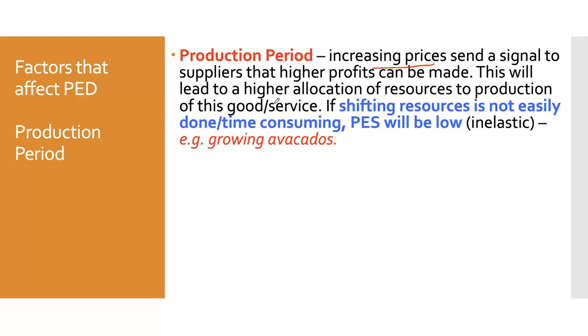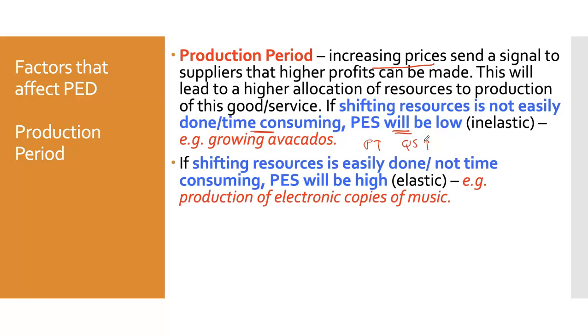Now, if shifting resources or the actual amount of time it takes to produce the product is high or time consuming, the price elasticity will be low, like growing avocados, because it will be difficult for them to take advantage of price increases by increasing their quantity supplied, because they just don't have the ability to do it quickly because of the production period.